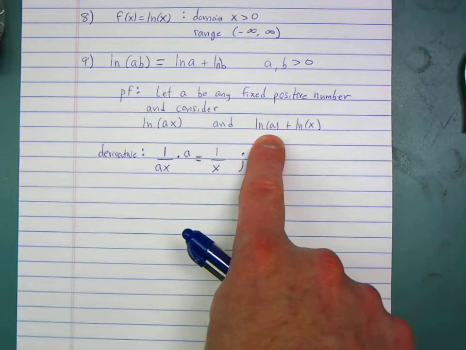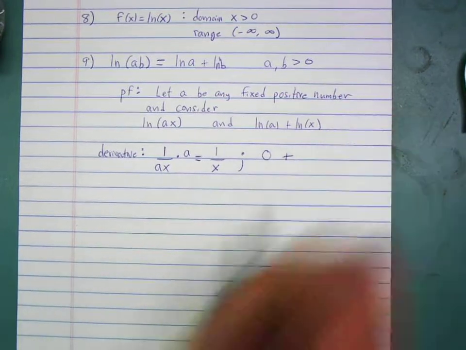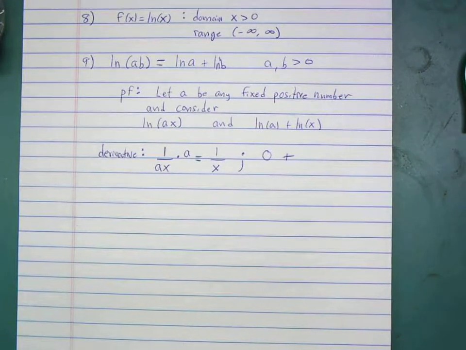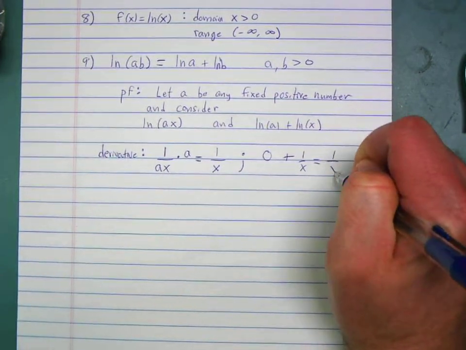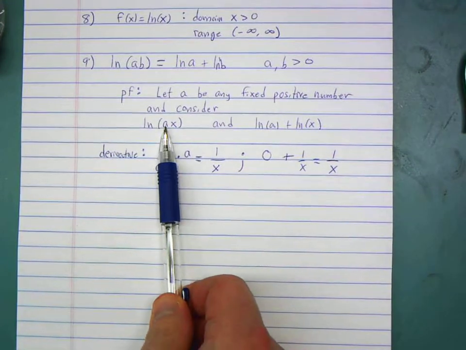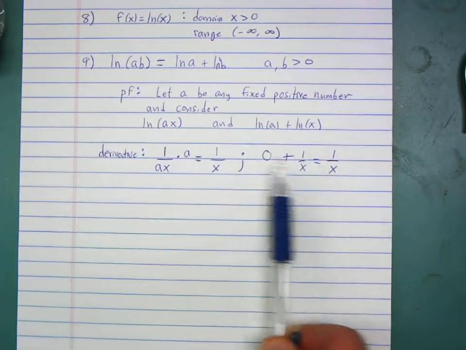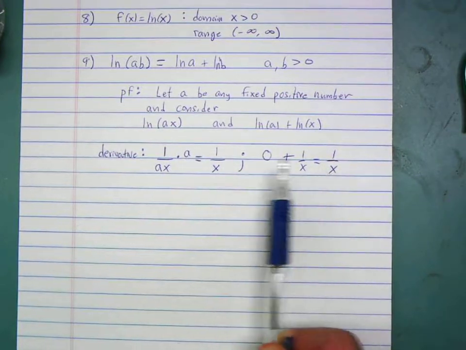The derivative of a constant, the derivative of a number, is 0. So this is 0 plus, what's the derivative of ln x? 1 over x. So these two things, the left-hand side and the right-hand side, have exactly the same derivatives. The derivative of each one is 1 over x.